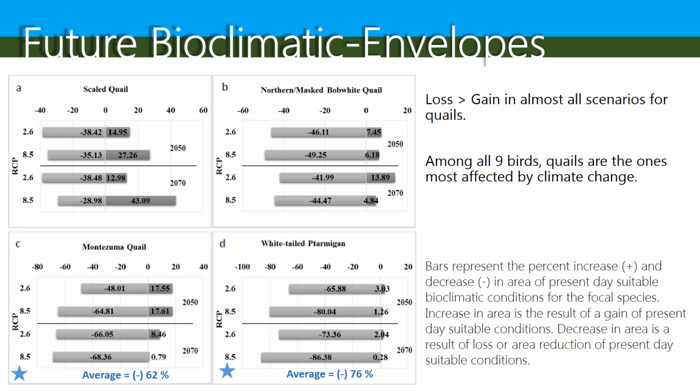On average, around 62% of the suitable climatic envelopes will be gone for the Montezuma quail and 76% for the white-tailed ptarmigan. In general, there are more losses than gains for the quails in almost all the scenarios. And most importantly, among all the 9 birds we modeled, the quails are the ones that would be most affected by climate change.